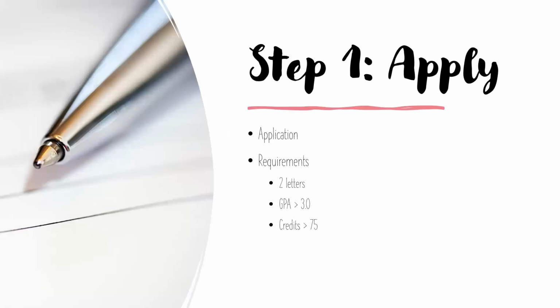To apply to the accelerated program, students need to have certain criteria in mind. The first thing is to be able to access the application. Then the requirements to apply are 2 letters of recommendation. These letters of recommendation must be academic.